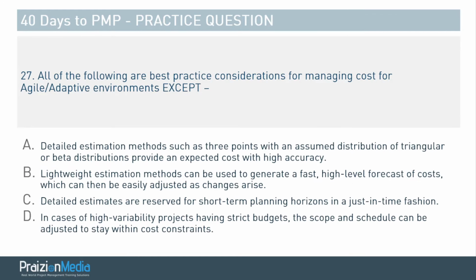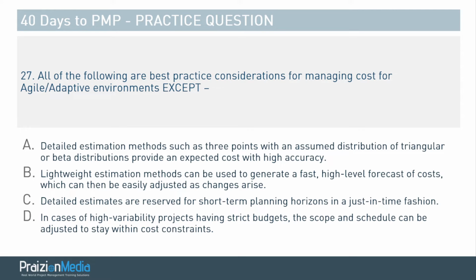Here's another question. All of the following are best practice considerations for managing costs for agile or adaptive environments except what? I know it's going to take some time for you to read through. And also be aware that on your exam, you could have some really lengthy questions.